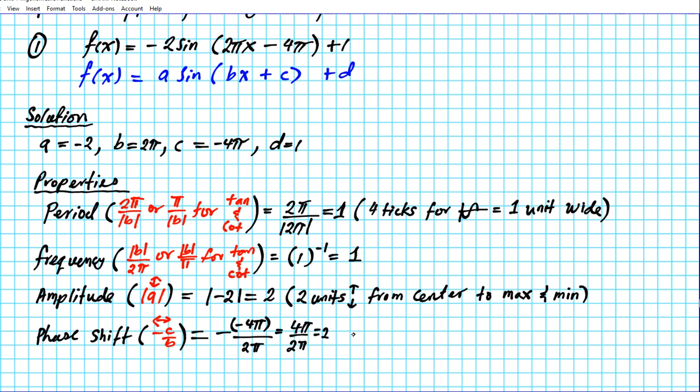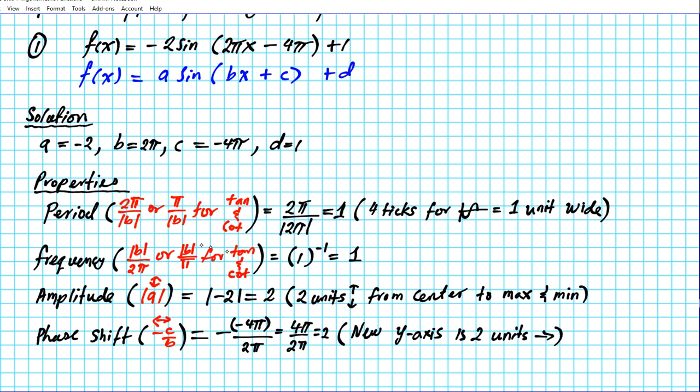So that's your phase shift. So your phase shift tells us what on the graph? On the graph, the phase shift tells you that your new y-axis is going to be 2 units to the right of the original.